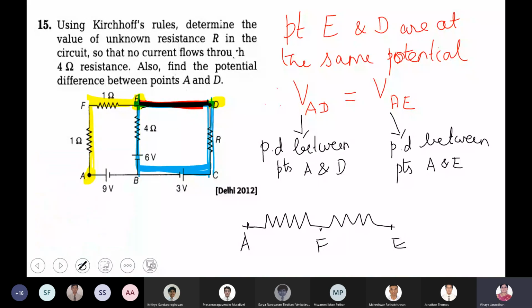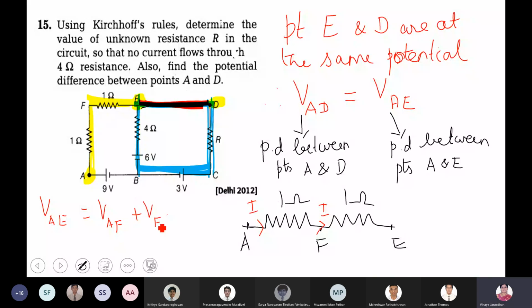This is 1 ohm. The other one is also 1 ohm. What is the current flowing through the circuit? It's I over here, I over here. So what is the potential difference between these 2 points? What is VAE? VAE will be equal to VAF plus VFE.